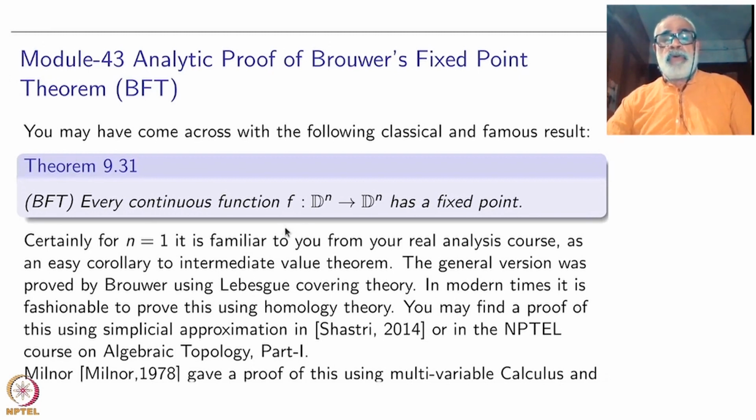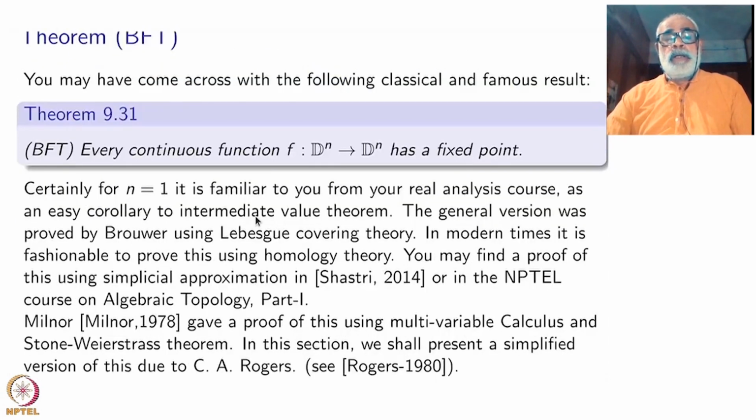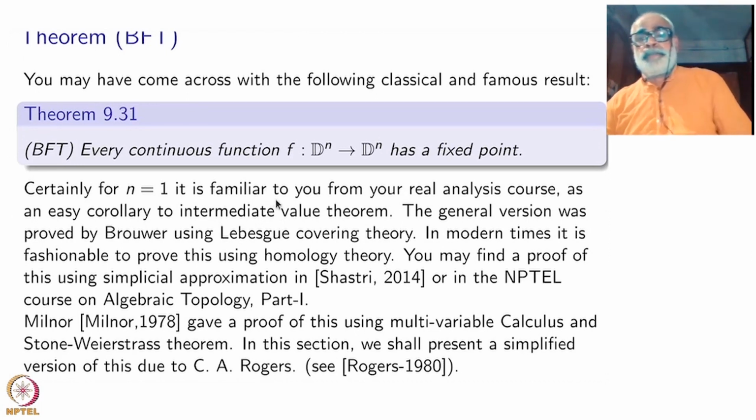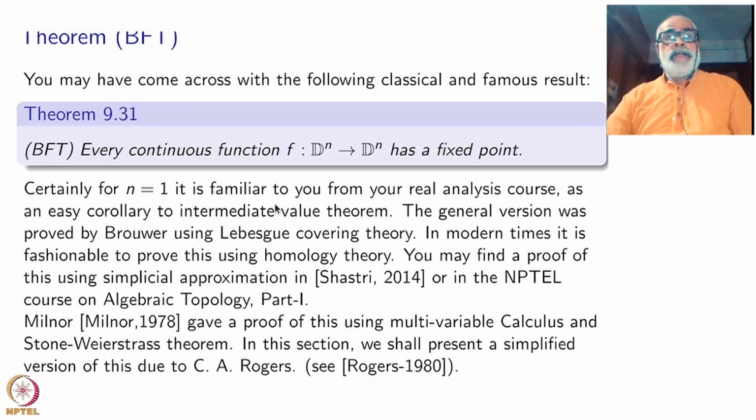Certainly for n equal to 1, if you take the closed interval -1 to +1, it's a familiar result to you in the real analysis course. Indeed, it is an easy corollary to the intermediate value theorem. Maybe you have done it for any closed interval [a, b] to [a, b]: a continuous function has a fixed point.